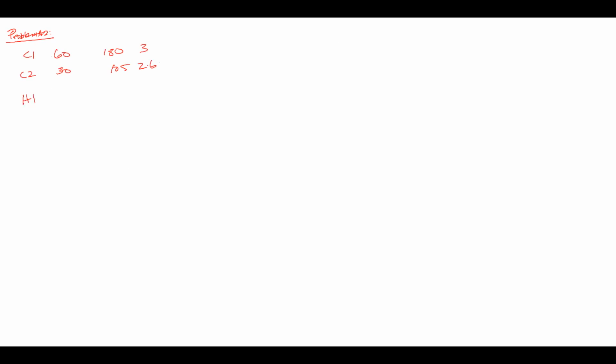H1: 180, 40, 2. And H2 is 150, 44. Okay. This is the given information, and again, this will be my source temperature in degrees Celsius, of course, target temperature in degrees Celsius, and this is my C in kilowatt per degree Celsius, right?